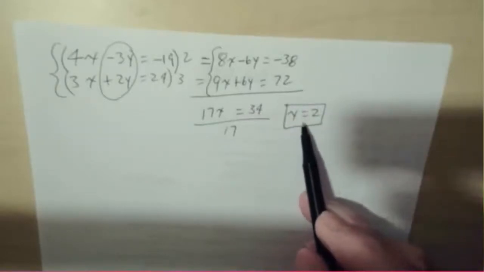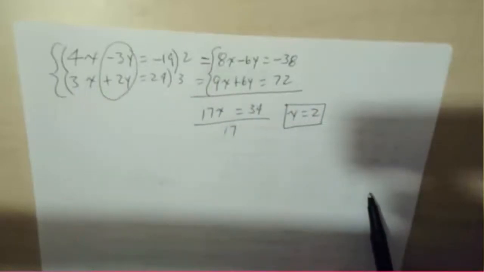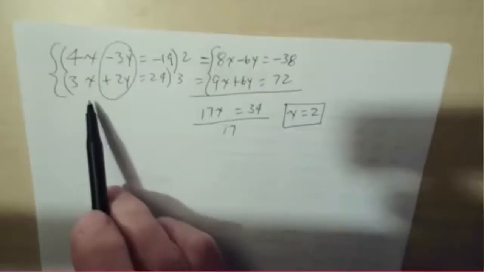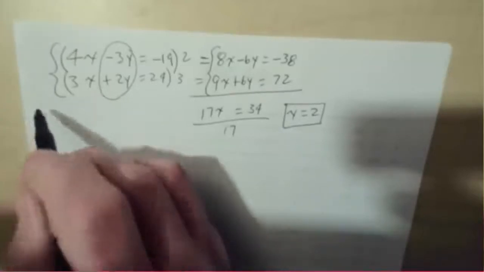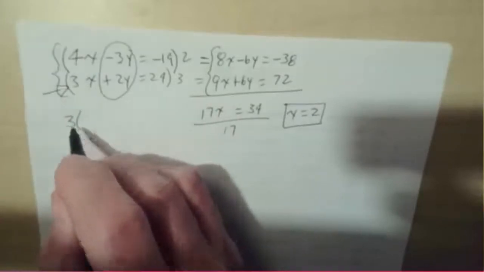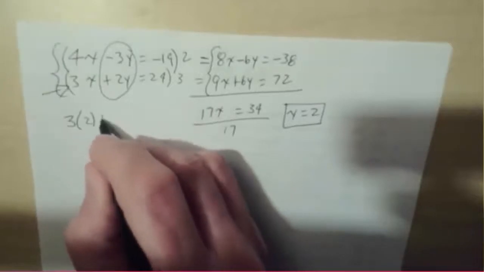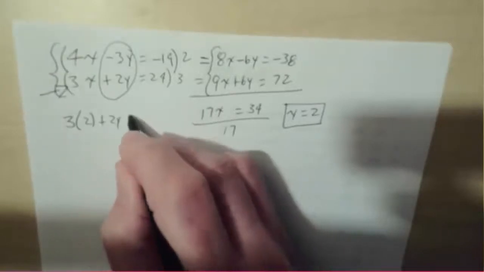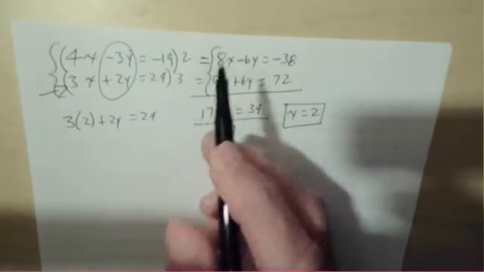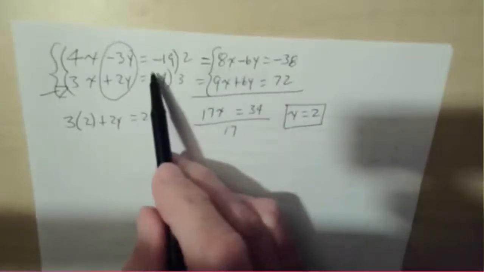Now we can plug this 2 into any one of these equations. Let's use the bottom equation here. So 3x, x is 2. 3 times 2 plus 2y equals 24. We could just as easily have used these equations over here because they're equal to these.